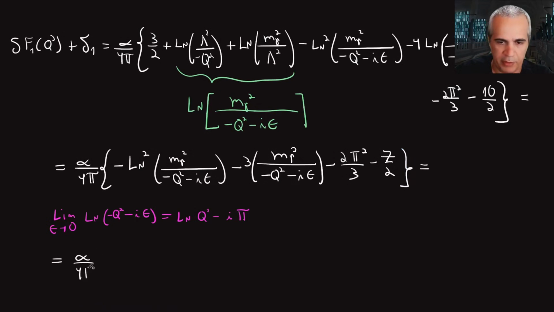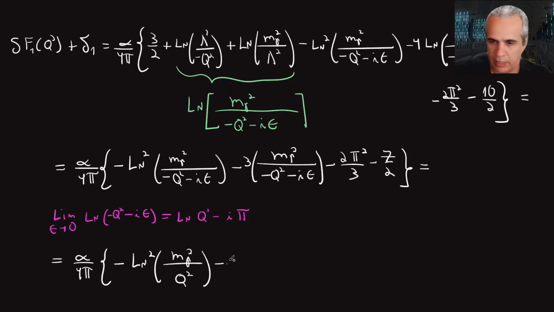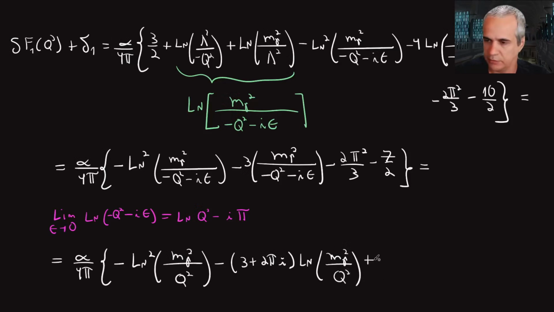Alpha over 4 pi minus the log square of m gamma square over q square minus 3 plus 2 pi I, the log of m gamma square over q square plus pi square over 3 minus 7/2 minus 3 pi, right?